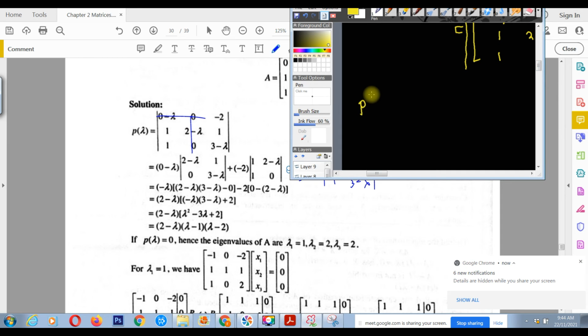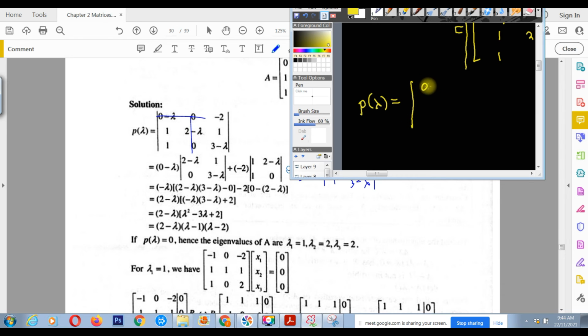So P of lambda, P is polynomial, is the determinant of negative lambda, 0, negative 2, 1 minus lambda, 1, 1, 0, 3 minus lambda.